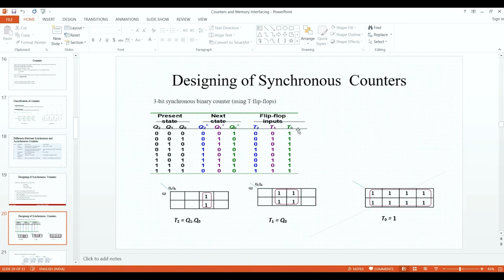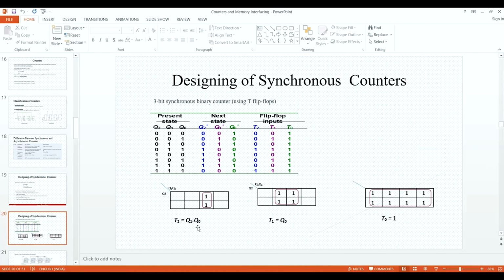And in this case, we are going towards how the T flip-flop would operate. Okay, so this is very, very important. For the flip-flops T2, T1 and T0, because the clock pulse would be high, T0 would remain high every time. T1 depends upon the present and the next state, so automatically it is going to change, and similarly T2.